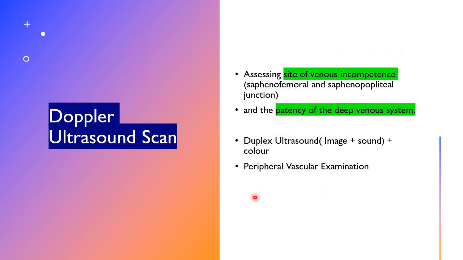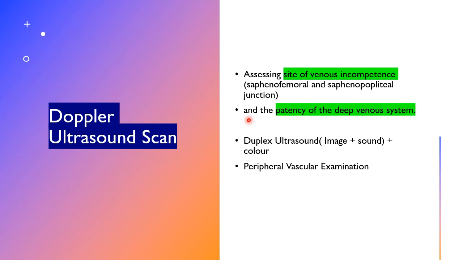Next, we come to the Doppler ultrasound scan, which has become the most important investigation for venous varicose veins today. Okay, it is very helpful to assess the site of venous incompetence, which is most commonly at the saphenofemoral junction and or at the saphenopopliteal junction. So placing the probe over these junctions will help to determine whether there is any incompetence and reflux of blood.